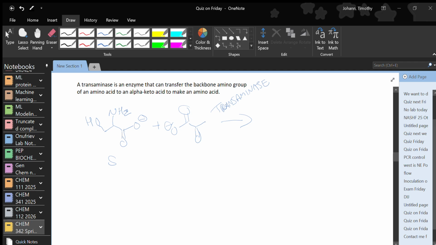We're not going to worry about them. All right, it's a transaminase. There's no energy involved here. It's a neutral energy conversion. But that amine from the serine is going to go over to the pyruvate. And it's going to give us whatever alpha keto serine is called.